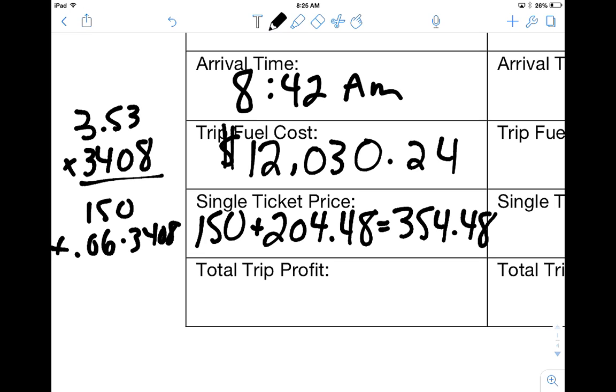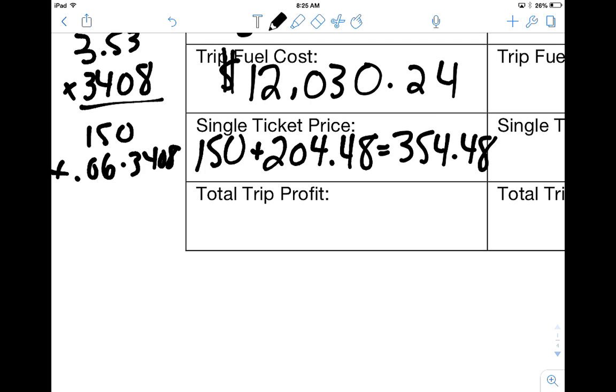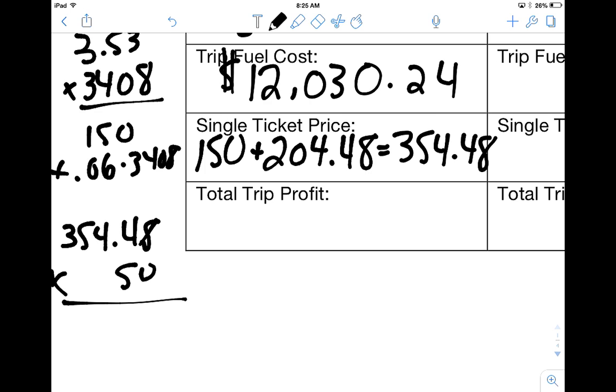Okay, so total trip profit is going to be this number multiplied by the passengers and then subtract that. So watch. I'm going to take 354.48 and multiply that times 50. So I'm going to get 17,724.